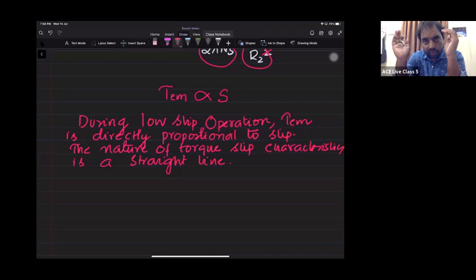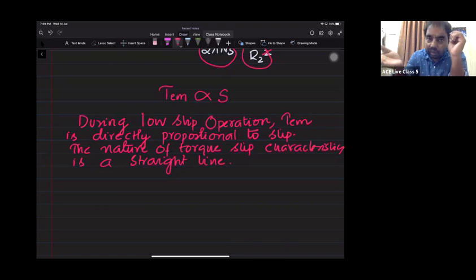Here also, when the motor is operating without load, the torque it develops is small. Why? Because the speed will be closer to ns, the slip will be approximately zero, and the motor torque will be approximately zero. As there is no load, the required torque to turn the rotor will be very, very less.